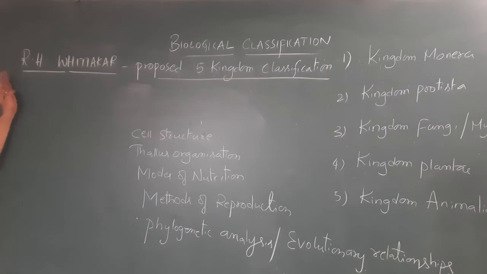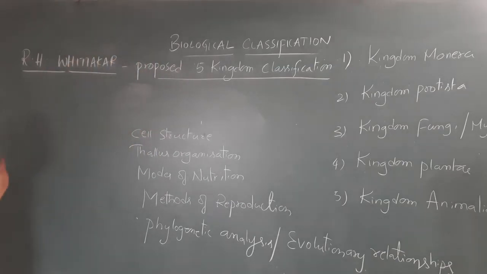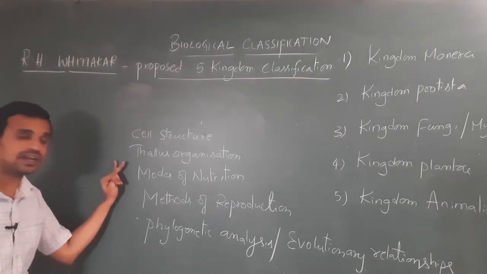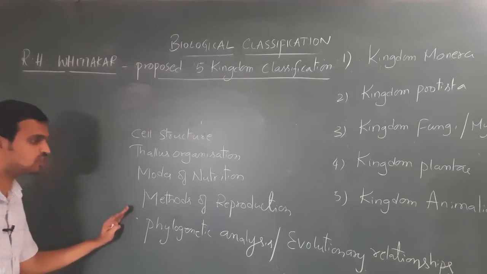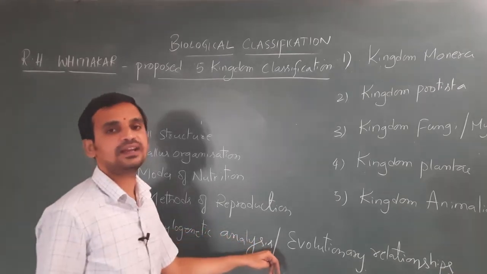So who proposed the 5 kingdom classification? R.H. Whittaker proposed the 5 kingdom classification. On what basis? Based upon the cell structure, thallus organization, modes of nutrition, methods of reproduction, phylogenetic analysis or evolutionary relationships.